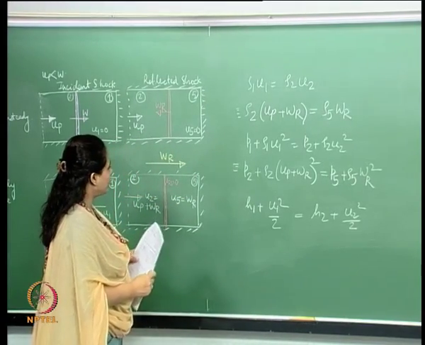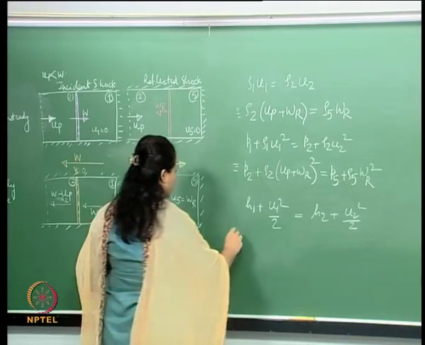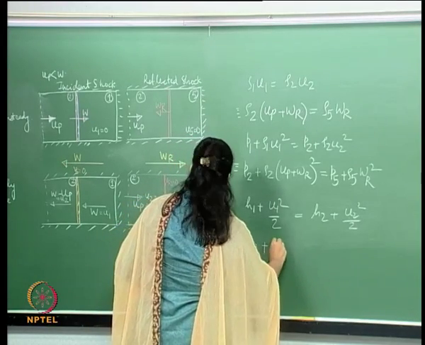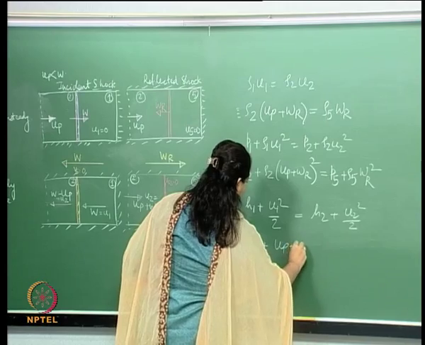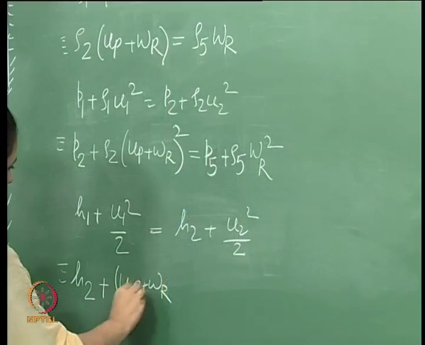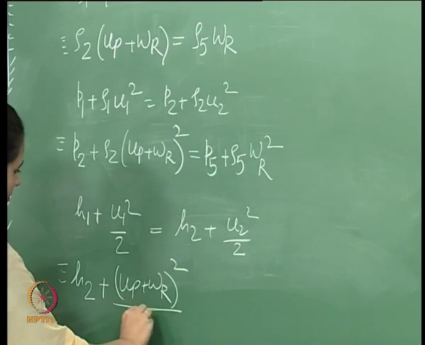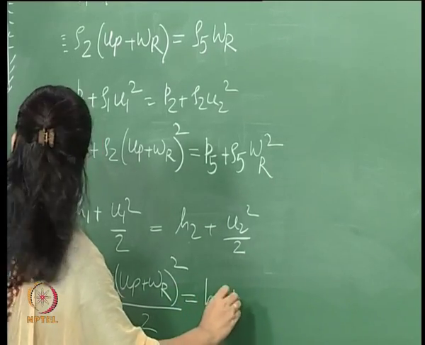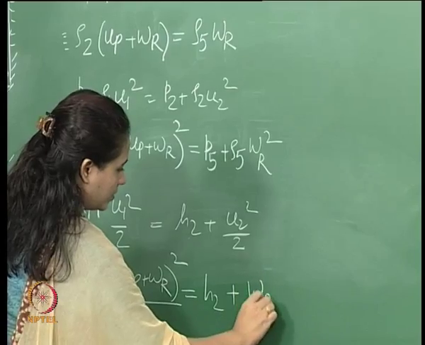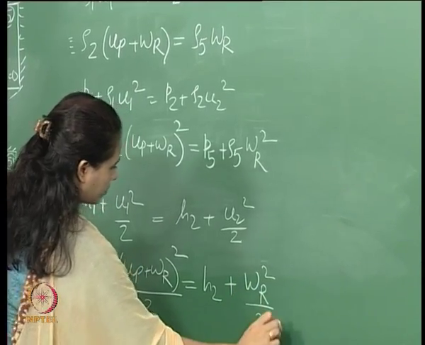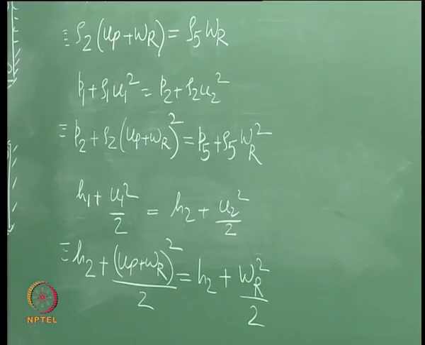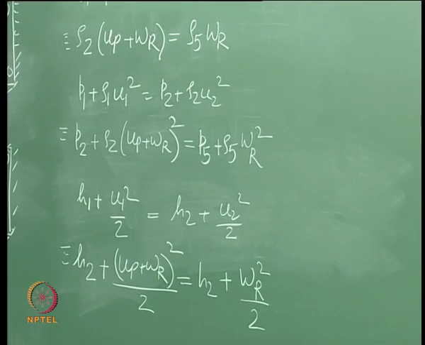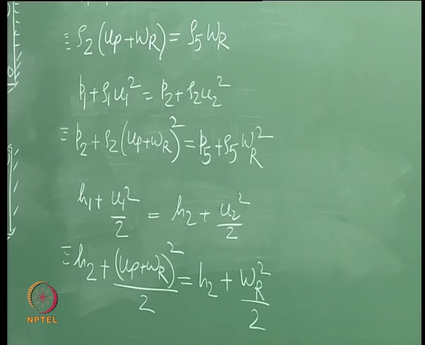Okay, so if we have this, then this gets transformed to, okay, and that is equal to, okay. So this is what we get from the governing equations.